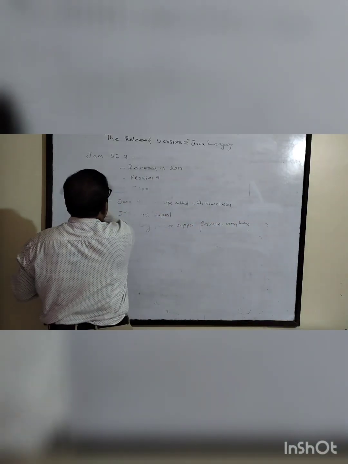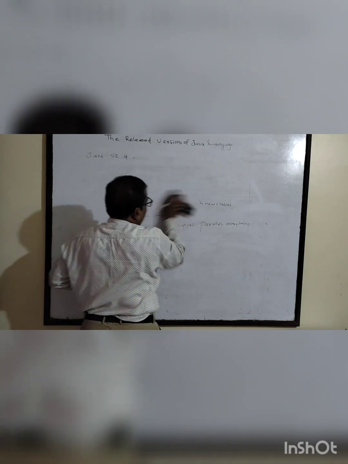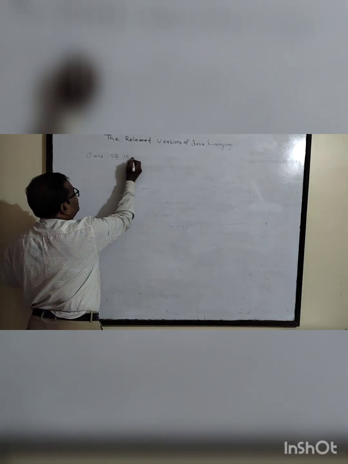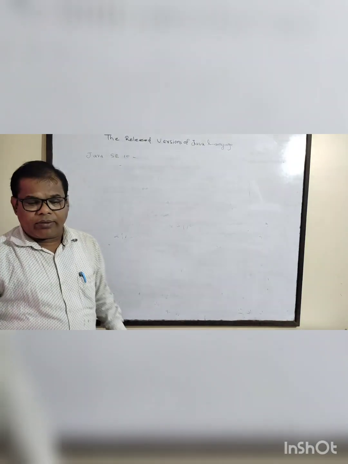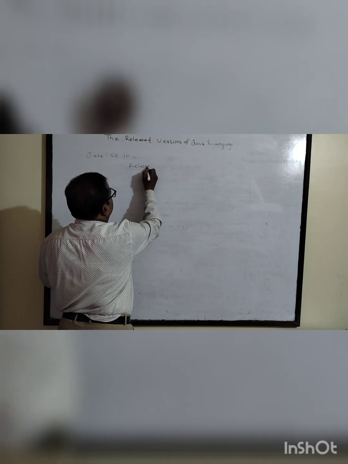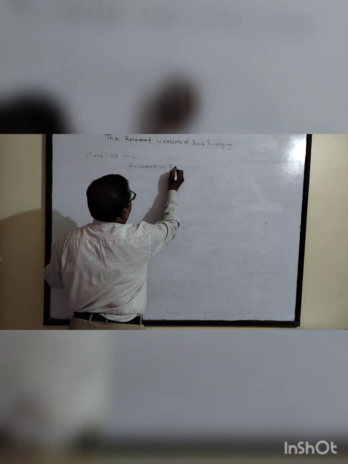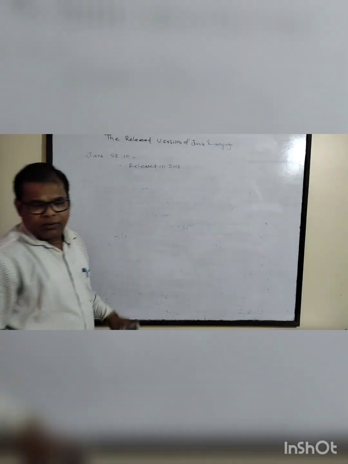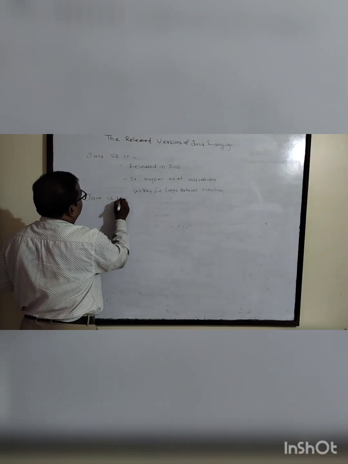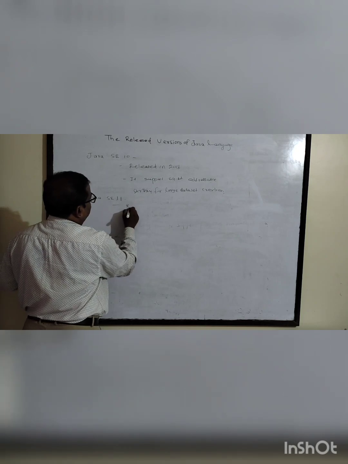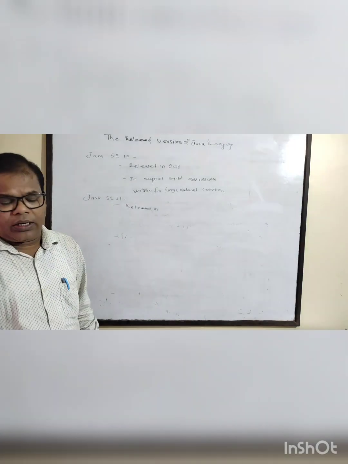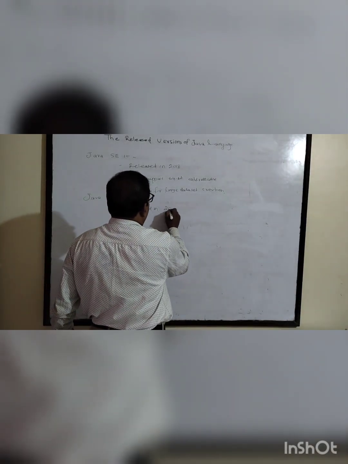Actually, if you see this quickly, we will brush up now. Now in Java Standard Edition, it was released in the year 2018, and the very next is Java Standard Edition 11, and it was also released in the year 2018.